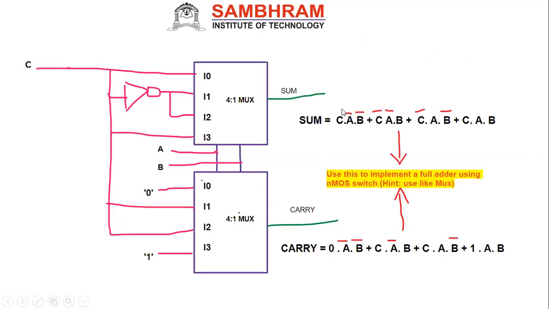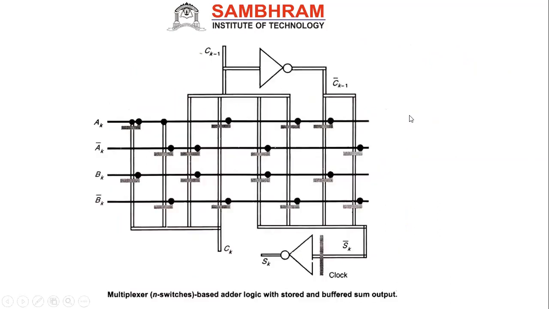Okay, you might have understood this. Now we will take this expression and implement it using N switches. This is what we are going to implement now. The meeting will end now; we will reconnect later and continue with this.